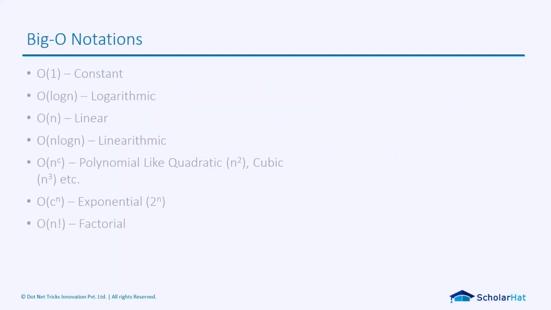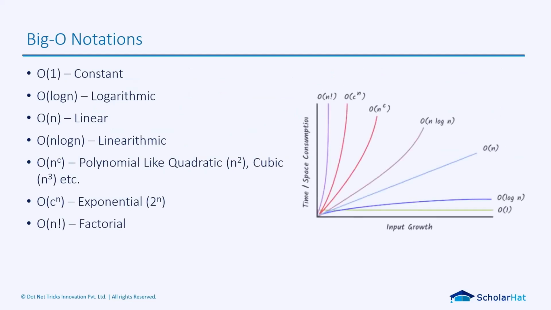Next up, we see the big O notations. We'll go into detail about big O notations, with examples of which code will be O of 1, that is constant, which code will have the complexity of O of log n, that is logarithmic, O of n, that is linear, O of n log n, that is linearithmic, linear and logarithmic, right?